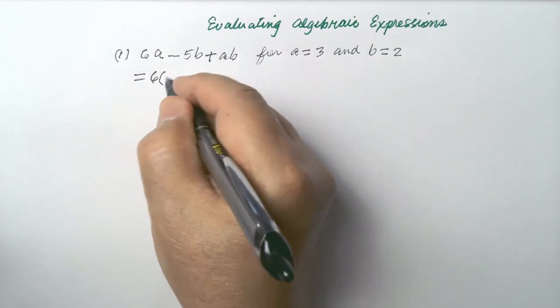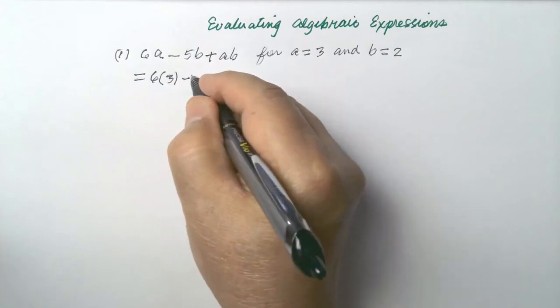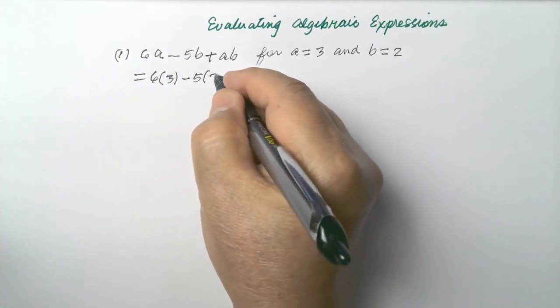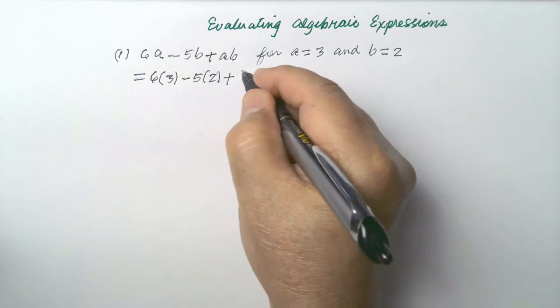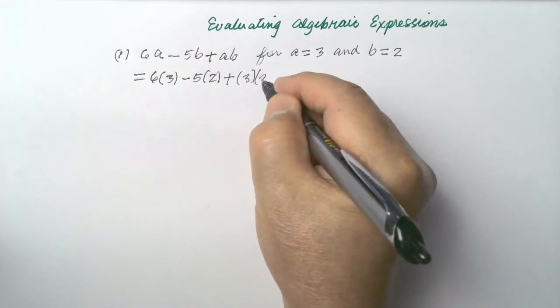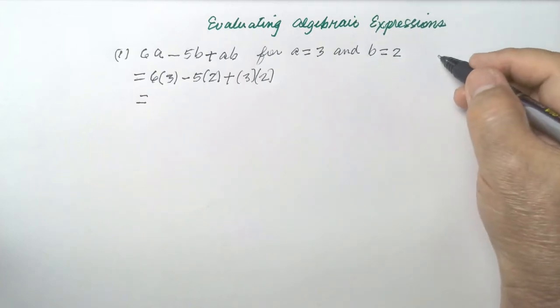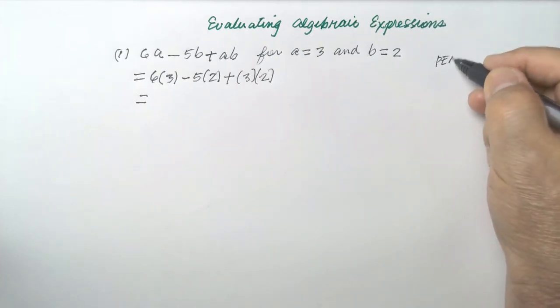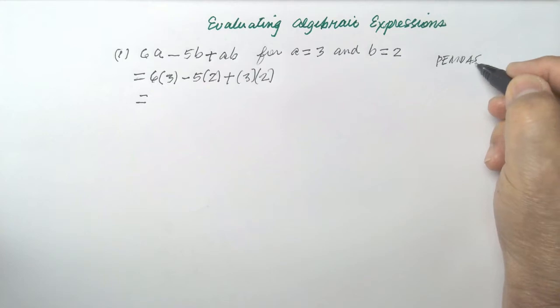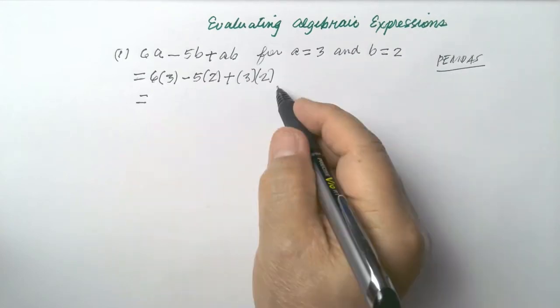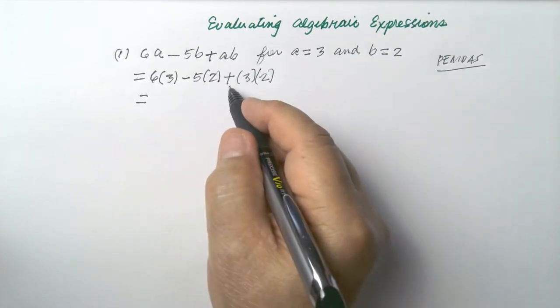So 6 times 3 minus 5 times 2 plus 3 times 2. According to PEMDAS, let's write it here. Multiply first before subtracting and adding.